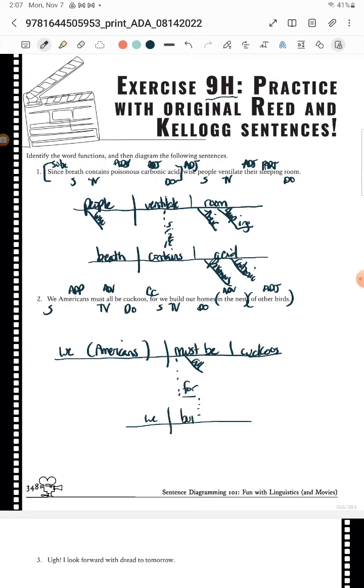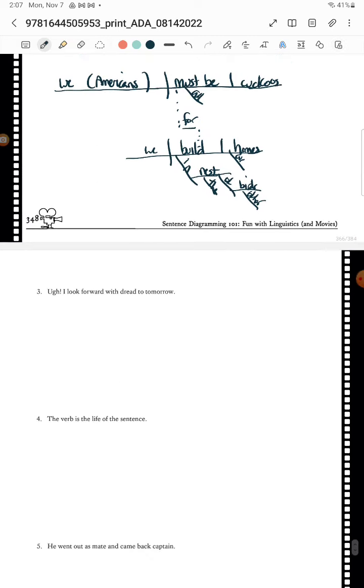We build our homes. Some fighting words. And then where do we build them? We build them in the nest. We're in places we don't belong. In the nest. And then which nests? The nests of birds. What kind of birds? Other birds. Nice metaphor happening there. Okay, so basic compound sentence though.